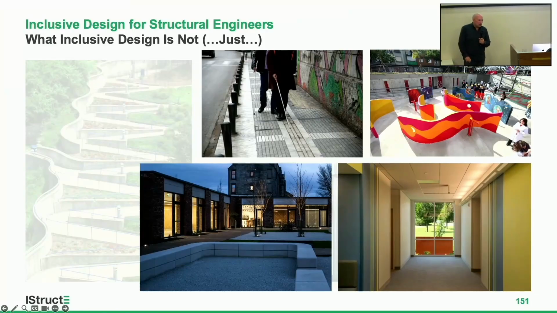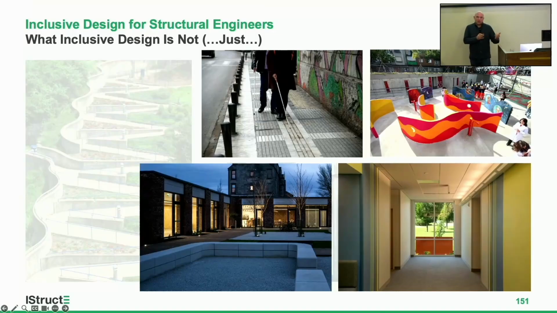There's consideration of things like textured paving, tactile paving. There's wayfinding for people who are not able to see as well. It's about creating interactive spaces. It's about creating colour. It's about creating a space that will interact with children, for instance. It's also about creating nice external spaces, places that people can go to.